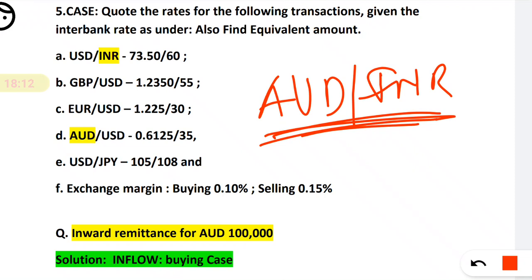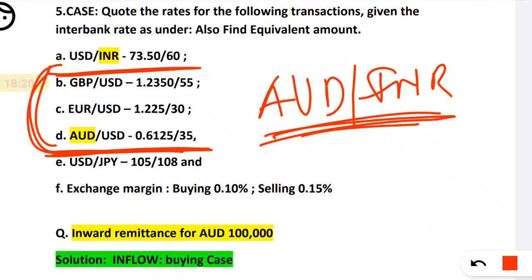In the first equation we have INR, and in the second equation we have USD and Australian dollar. So it will fulfill our purpose. We have INR, we have AUD, and one common currency should be there.